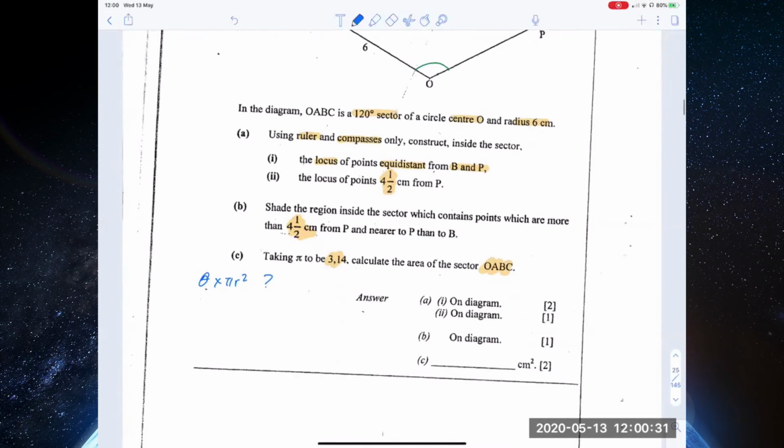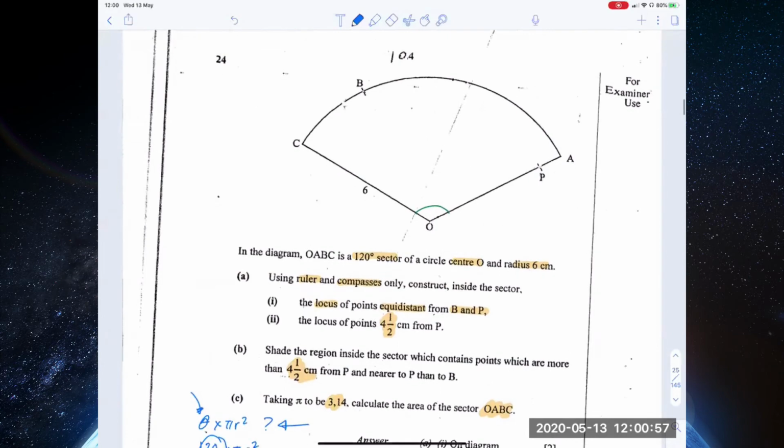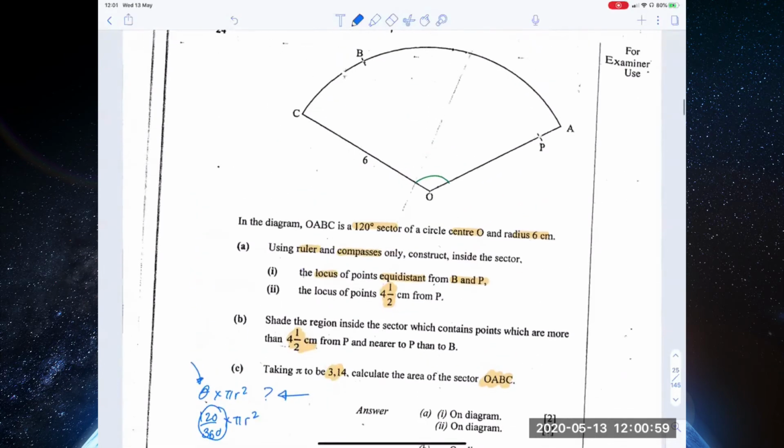Well done. Times 22 over 7 times 5 squared. You see why I put a question mark here? Because I was interested to know what you mean by theta. But if you write it like this, then you're right. So that one, we don't need to finish it because that's correct.